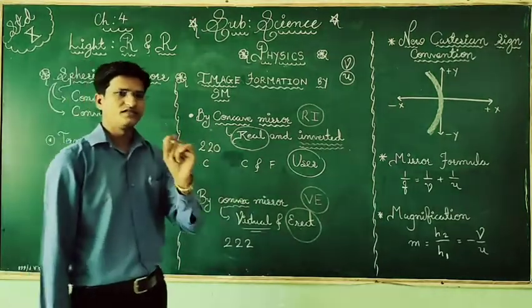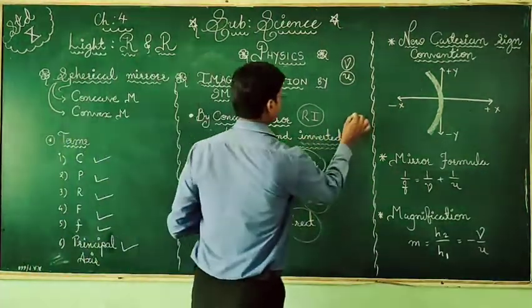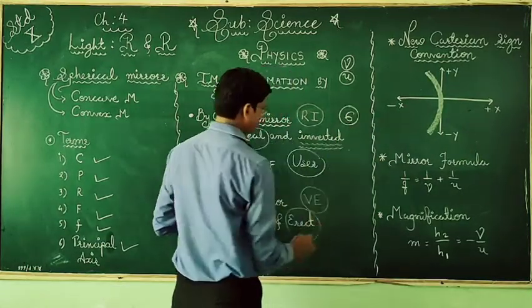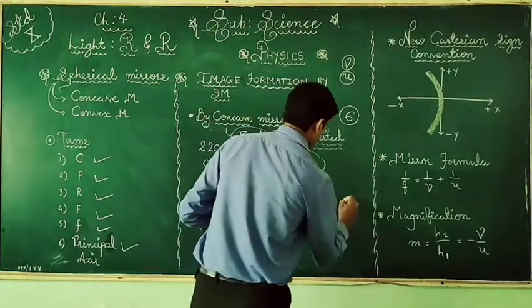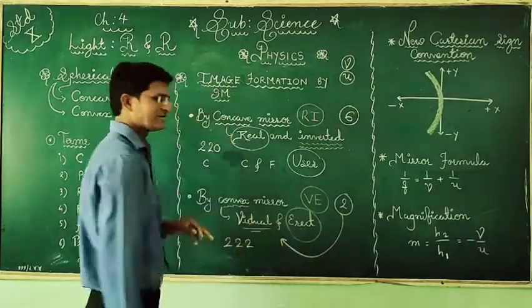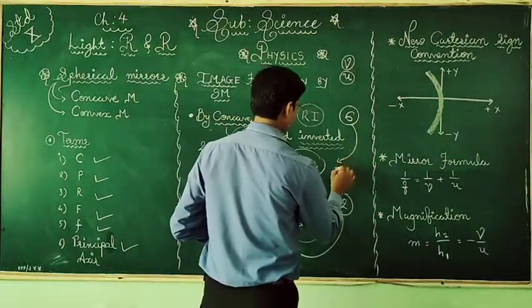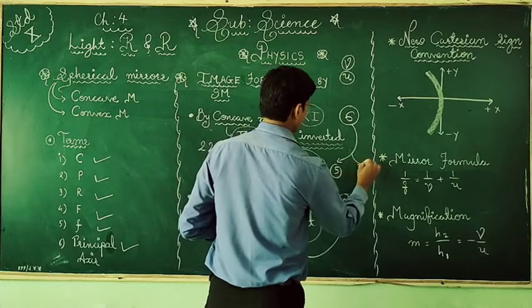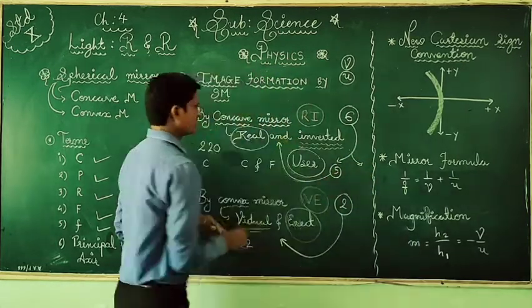One thing you must be clear about in image formation: 6 positions are given for the concave mirror, and 2 positions are given for the convex mirror, and it is virtual and erect there. In the concave mirror, in 5 cases you will see real and inverted.